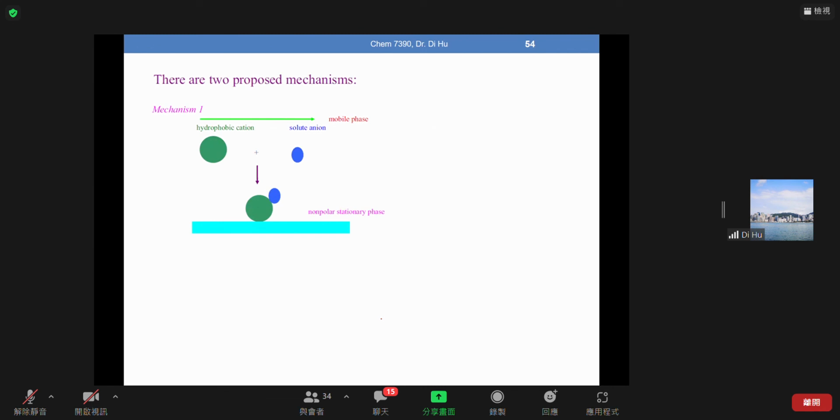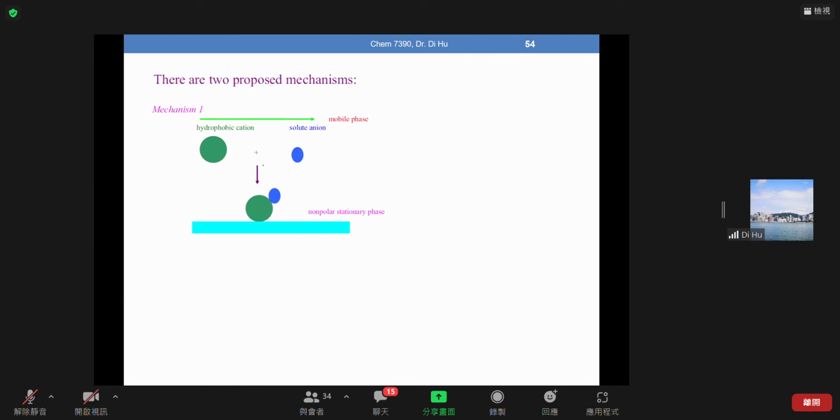So there are two mechanisms proposed for this ion pairing partition chromatography. In the first one, the counter ion forms an uncharged ion pair with a solute ion of opposite charge in the mobile phase. This ion pair then partitions into the nonpolar stationary phase, giving different retention of the solute, based on the affinity of the ion pair for these two phases.